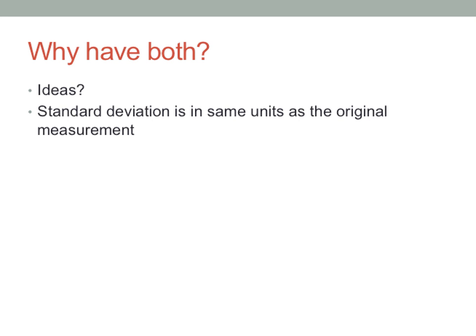Therefore, if you had height and you had a variance of 4 inches squared, that's what the units are going to be. It's not going to be a variance of 4 inches. It has to be inches squared. So if you square root your variance, you get standard deviation in the same units as the original. So that's number one why we do it.